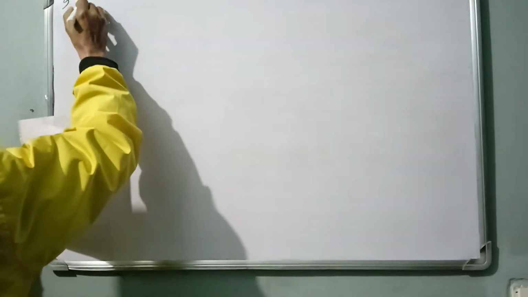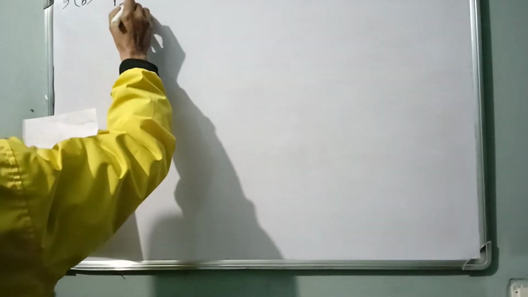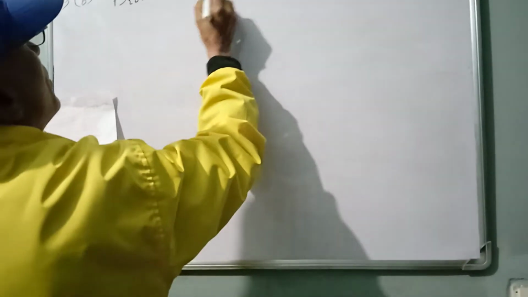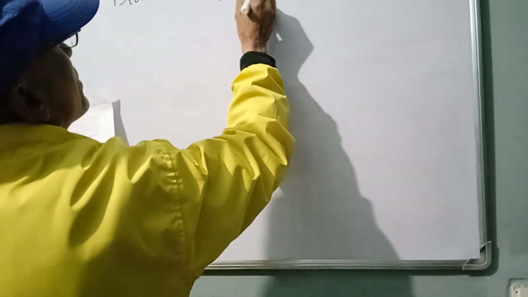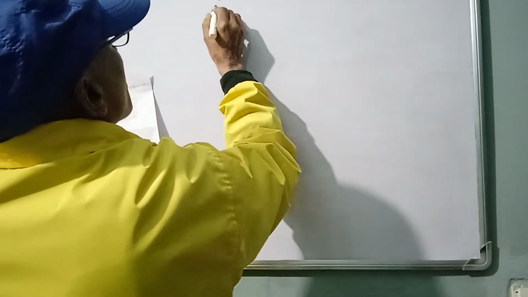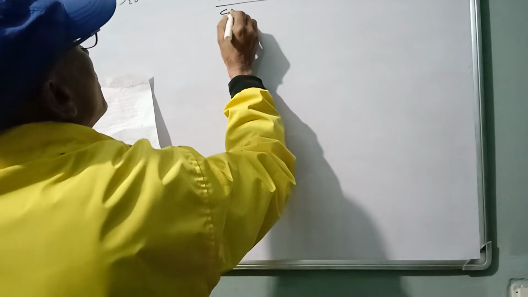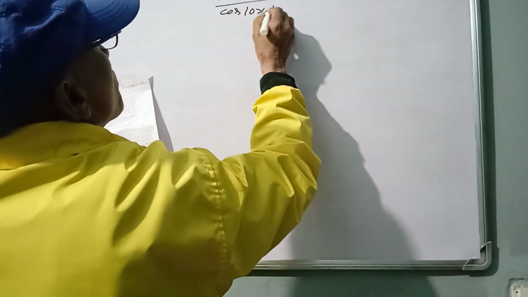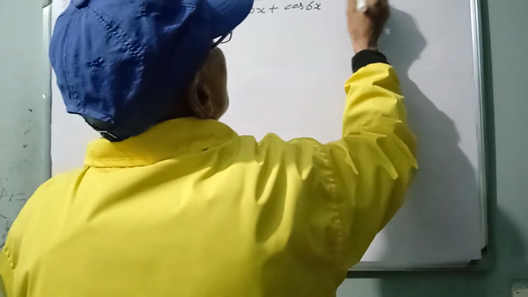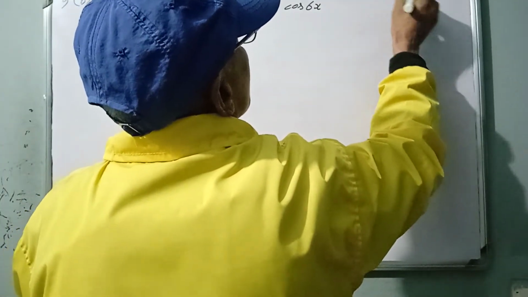Answer. 9b, prove that sin 10x minus sin 6x upon cos 10x plus cos 6x equal to tan twice x.